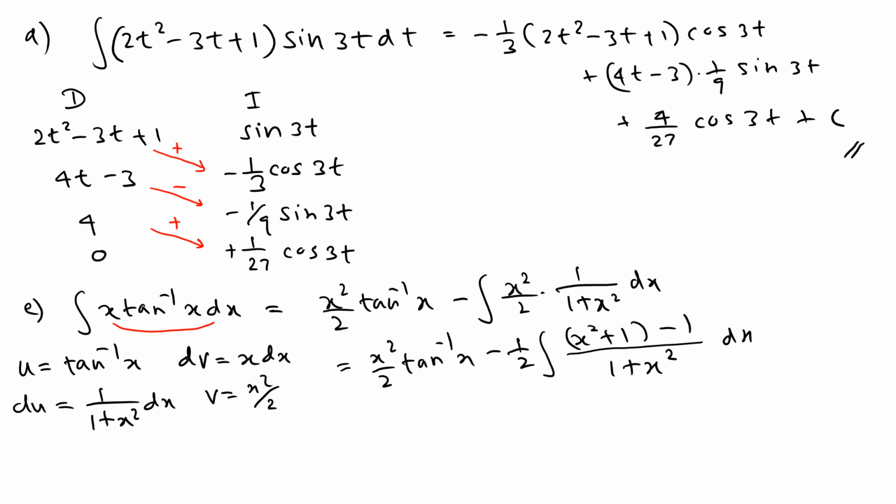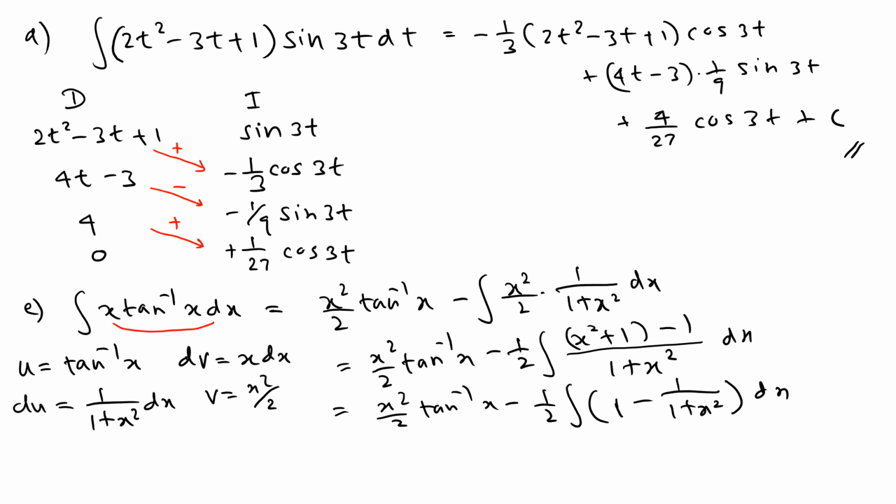Now when you add the first two terms, you get 1. From the second one you get negative 1, so you can rewrite this. This step is not really necessary, but I'm writing it for clarification. So 1/2, you can write this as the integral of 1 minus 1 over 1 plus x squared dx. Now it's very easy to integrate. For the first one you get x, for the second one you get tan inverse x.